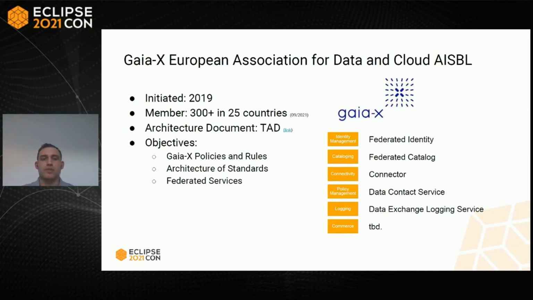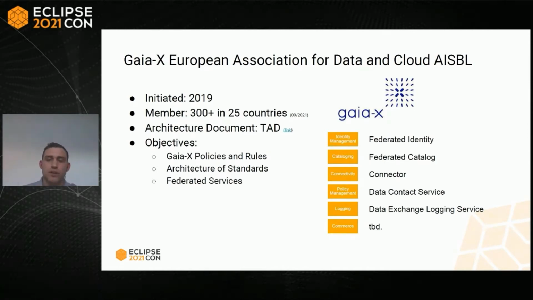There's an architecture of standards. So not another standard should be provided by GAIA-X, but there should be a way how different standards can be brought together and made interoperable. Then also specifications of federated services is one additional objective of GAIA-X.